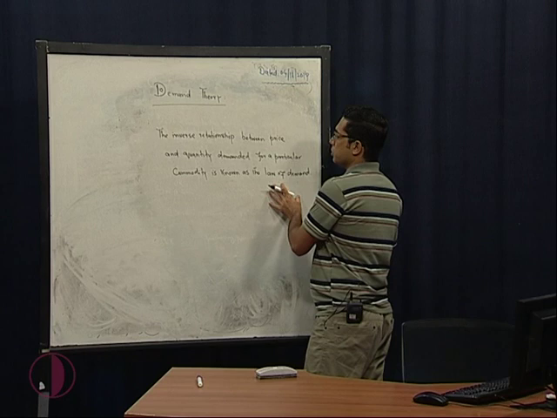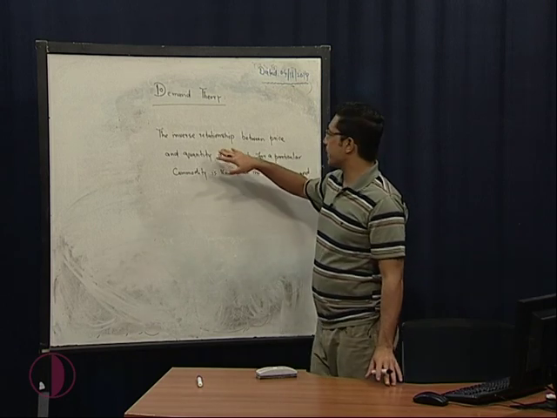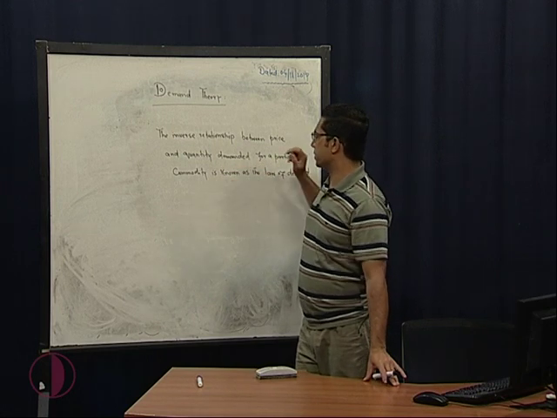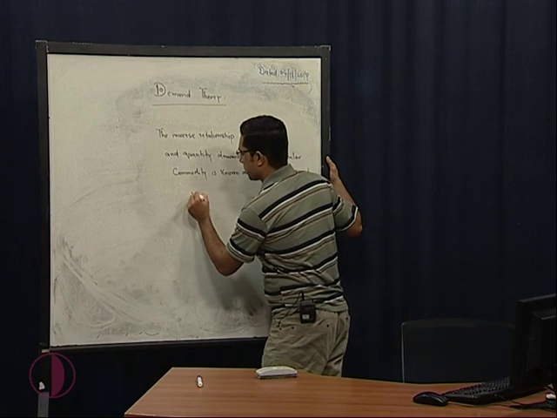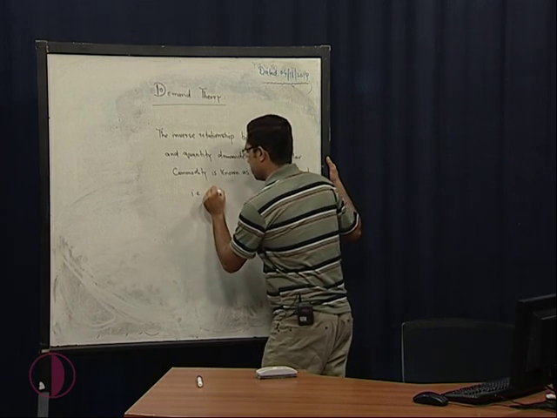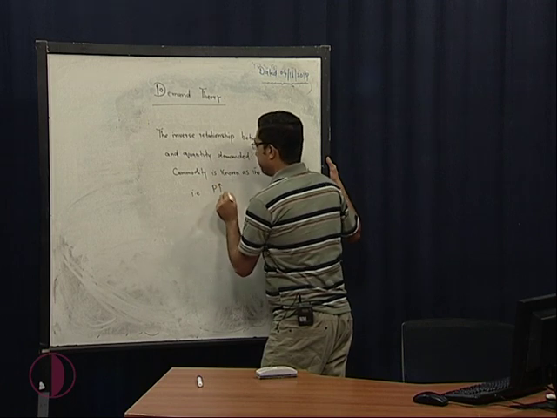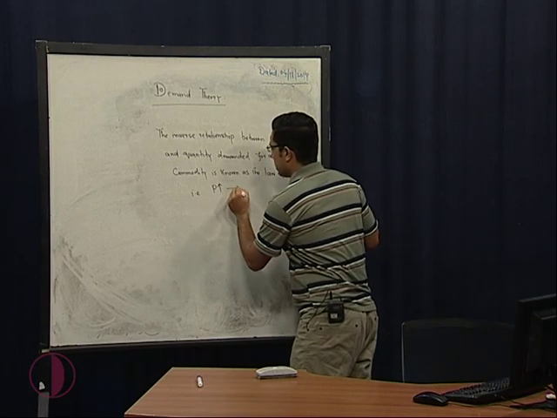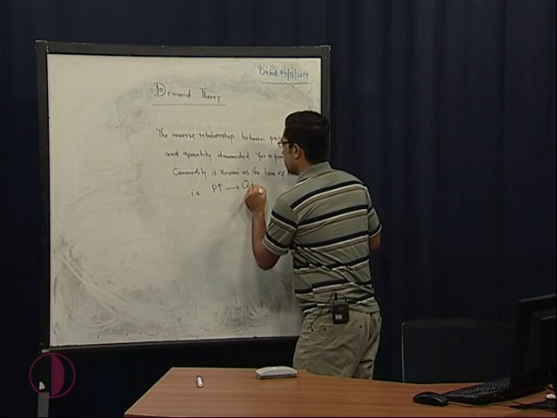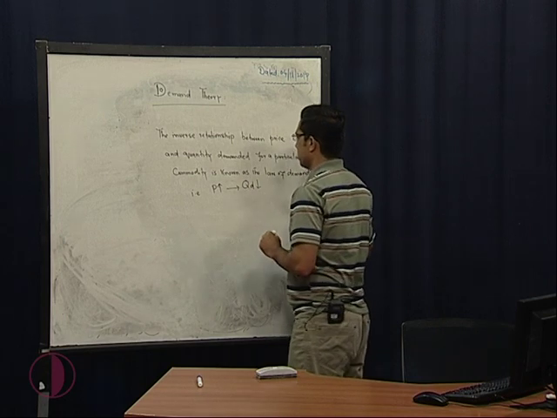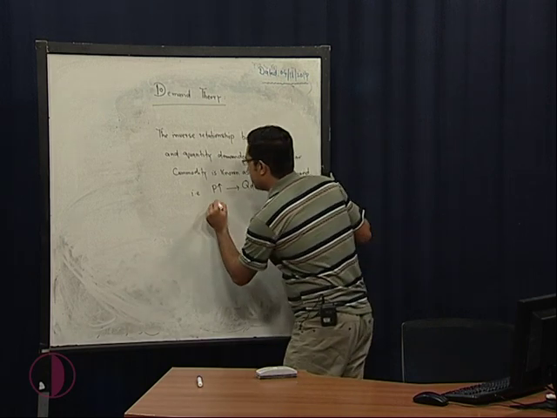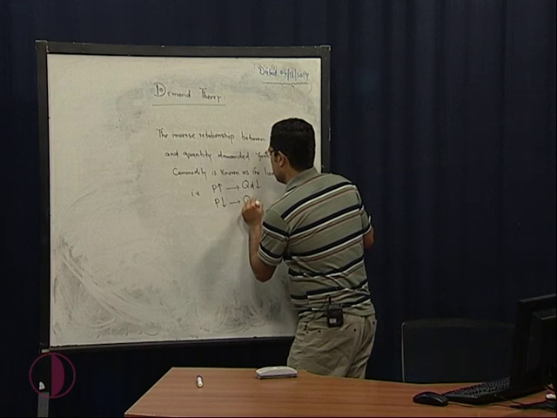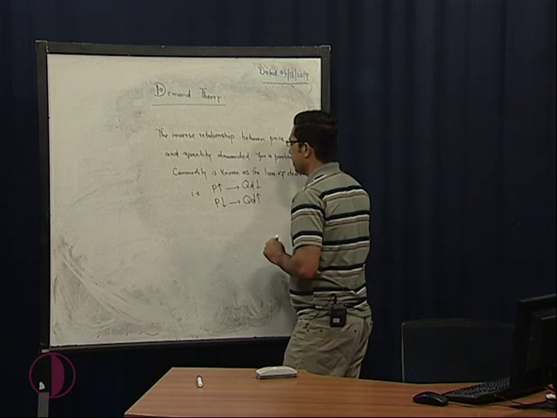So, according to the law of demand, there is an inverse relationship between price and quantity demanded for a particular commodity. That is, symbolically, if P increases, meaning if the price of a commodity increases, the quantity demanded decreases, or if price decreases, quantity demanded increases.